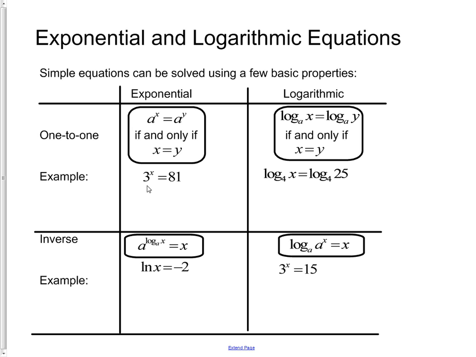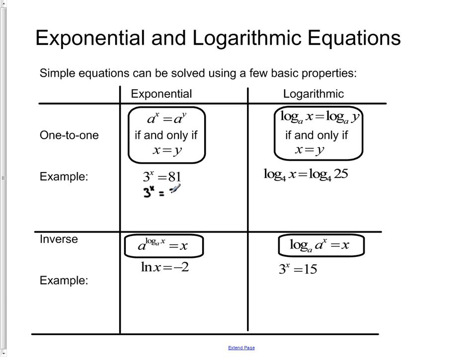What we're really saying here is something like this. Say we have an equation like 3 raised to the x is equal to 81. Well, this property applies because if we rewrite the right-hand side of this equation, 3 raised to the x power will be equal to, let's see, 81 is a power of 3, right?